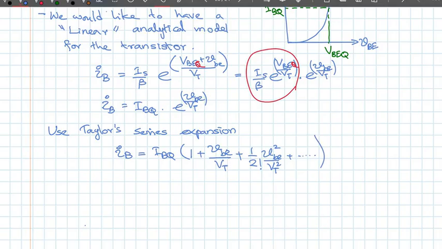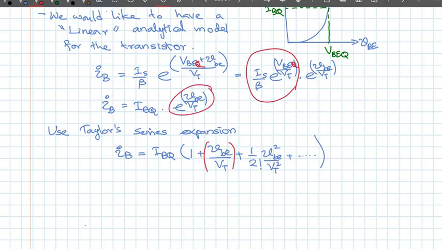Now this only works, this will converge to the exponential function only when this term is less than 1. If VBE over VT is less than 1, or when it is small. If it is greater than or equal to 1, then this will not converge to the exponential function we had here.